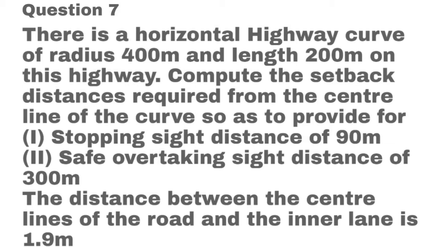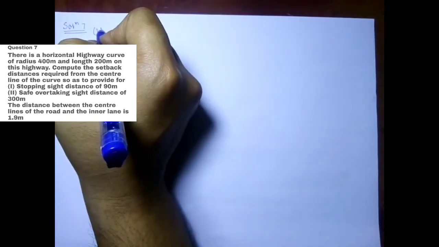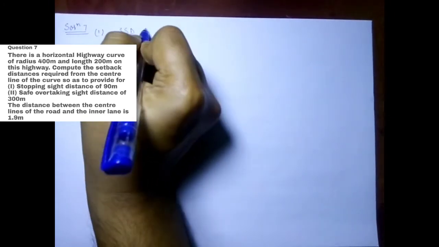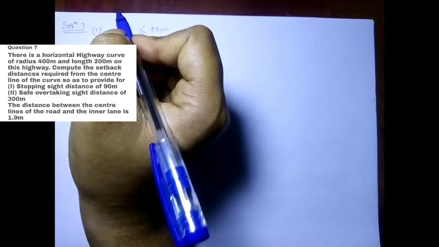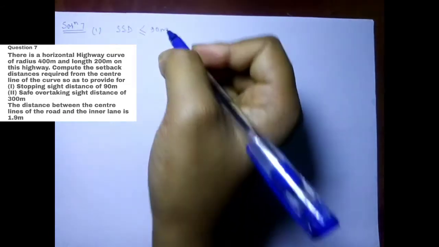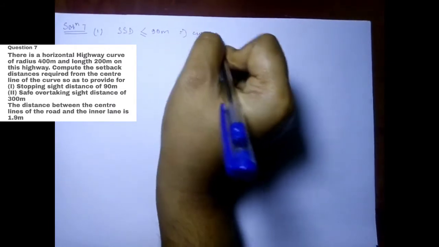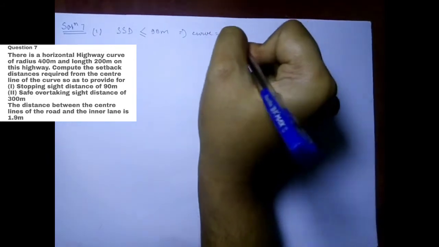So in the first case, it is given that for SSD less than equal to 90 meters, the curve will be of 200 meter.